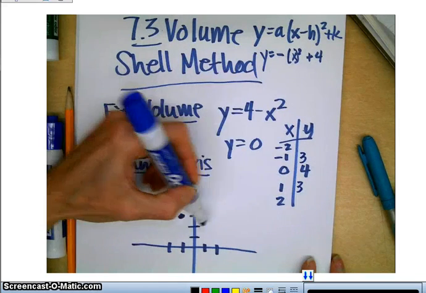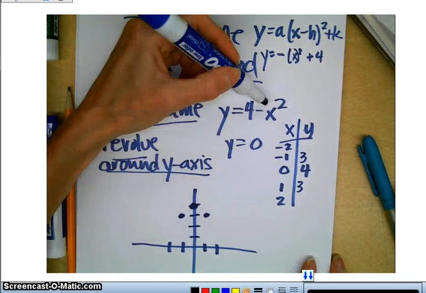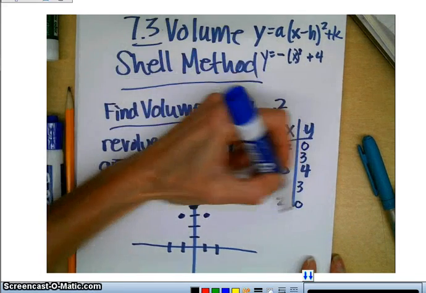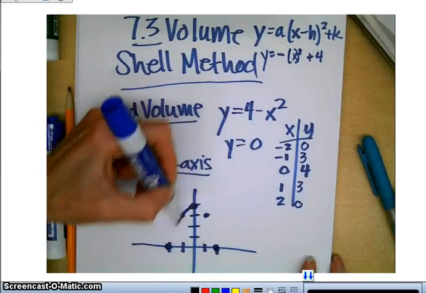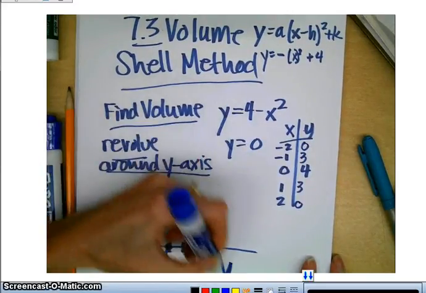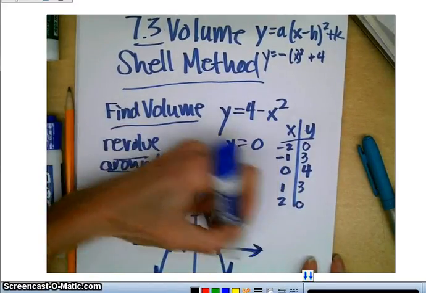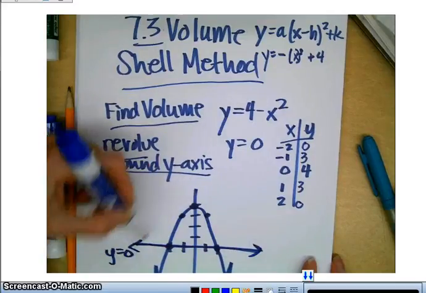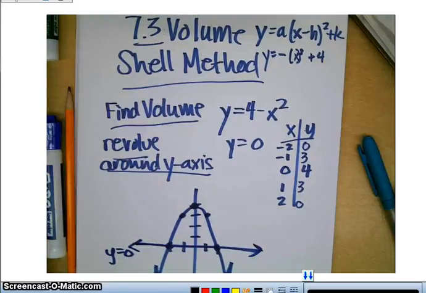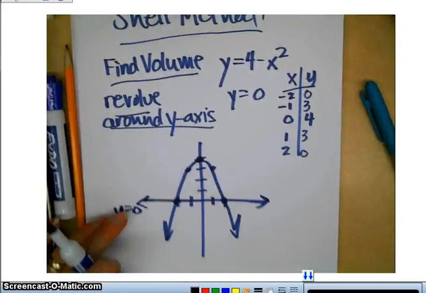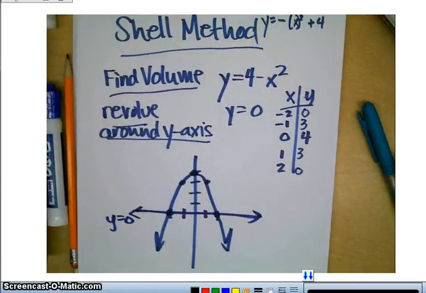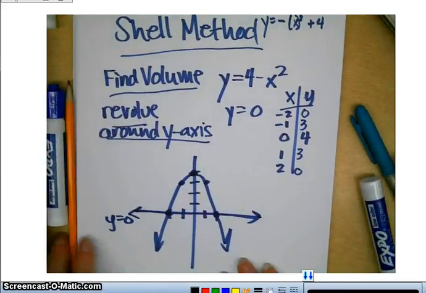And then if I put 2 in here and -2, I'm going to get 0. So it looks like this. It works out nice. Then y equals 0 is down here. So this is y equals 0, and this is my parabola. So there is my area right here, and I'm going to shade this in.